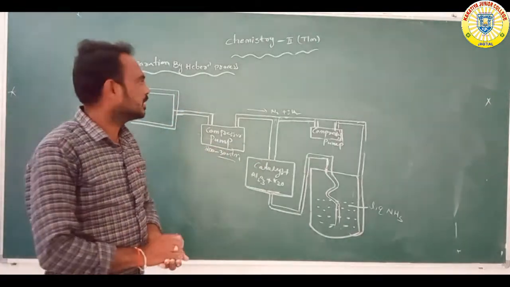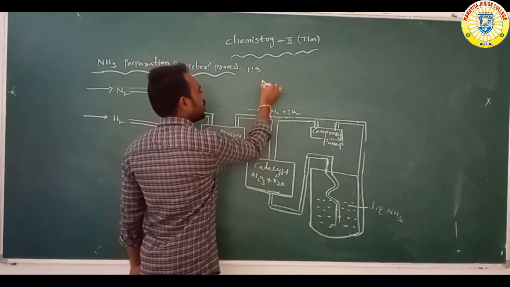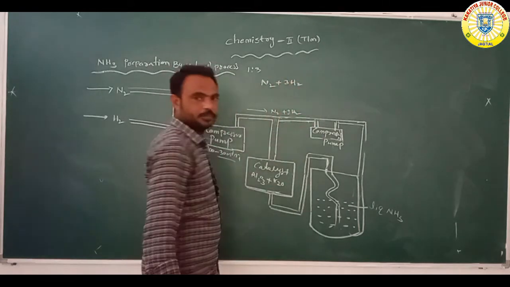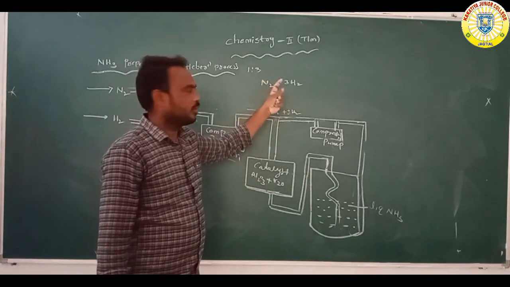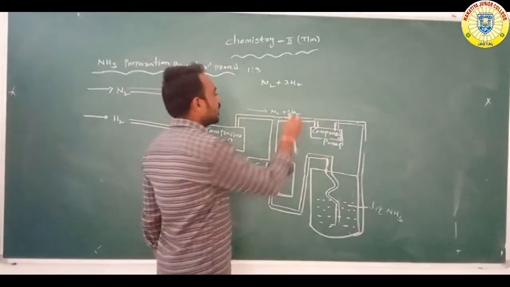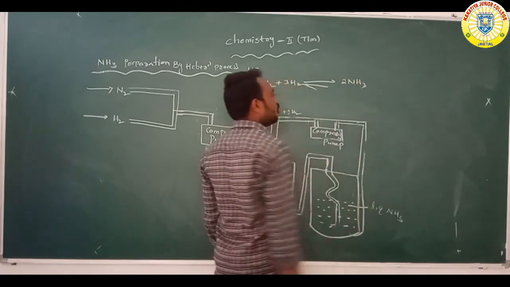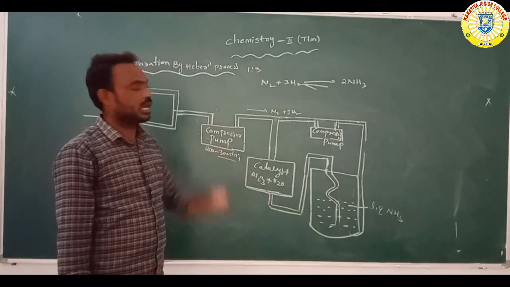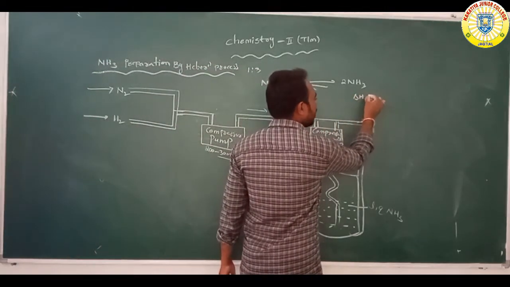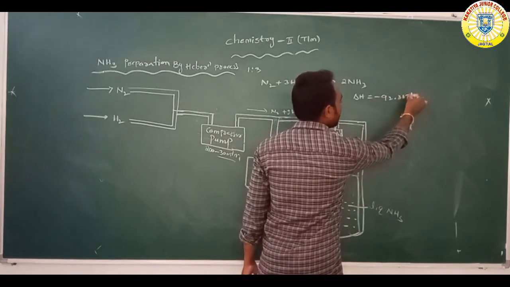In this process, nitrogen reacts with hydrogen in a 1:3 ratio to form NH3, ammonia, and some energy is released, that is 92.3 kilojoule per mole.